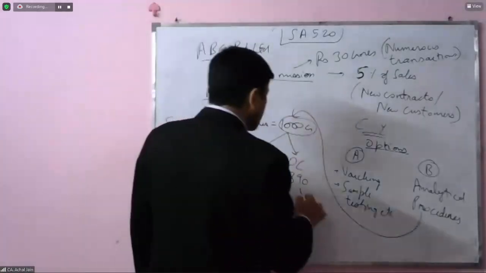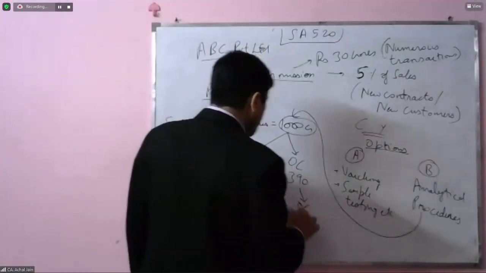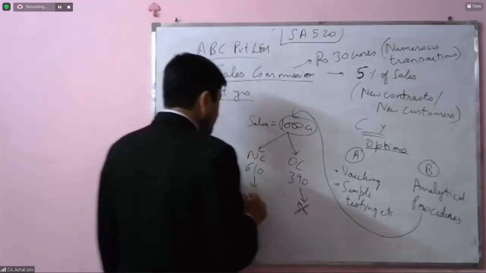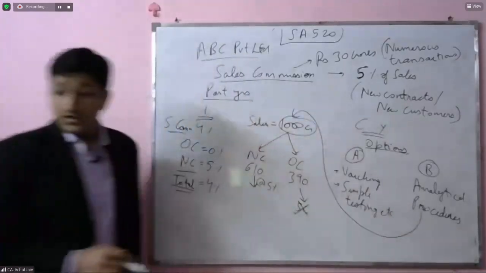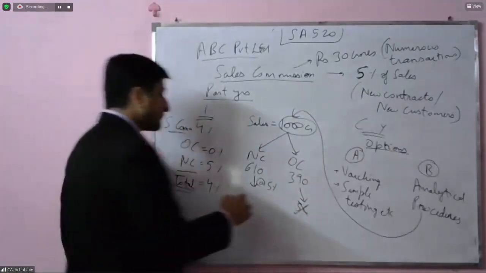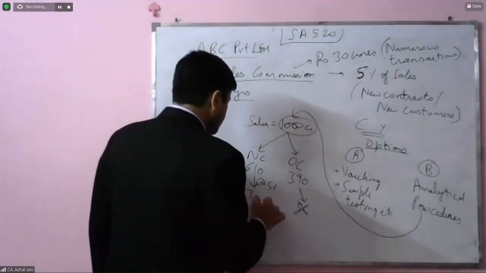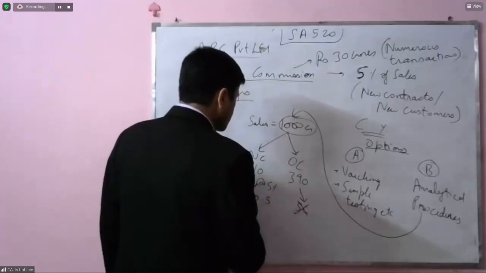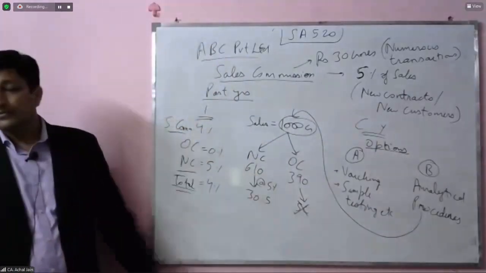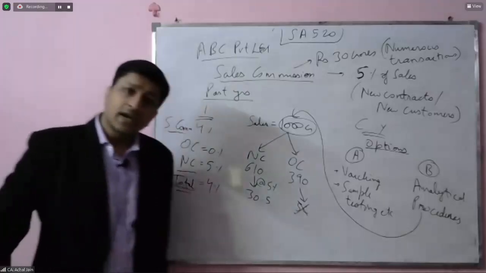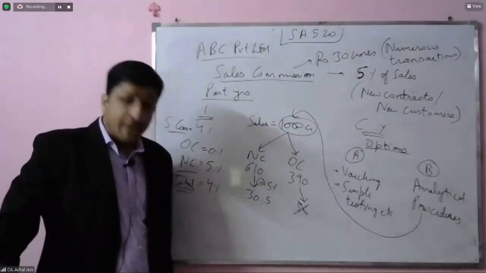He would not compute any sales commission on this, and he would compute sales commission on this at the rate of 5%, which would come out to 30.5 crore. Correct? Yeah. So now there is a gap.